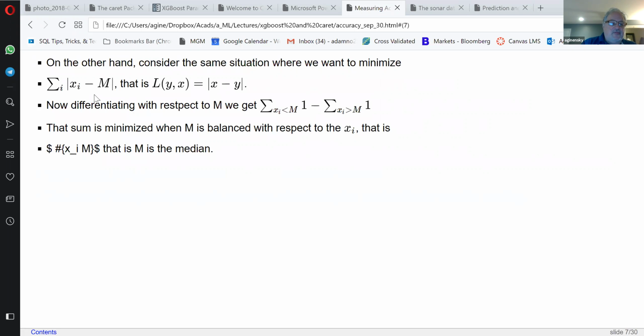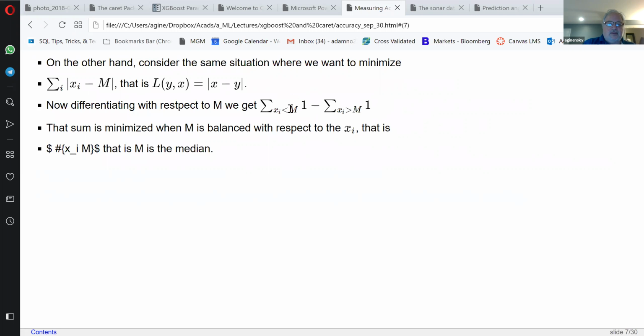So now when you differentiate, you're just going to get a linear expression in m. If xi is smaller than m, you get minus 1s. If xi is bigger than m, you get just plus 1. Okay, I wrote it right.